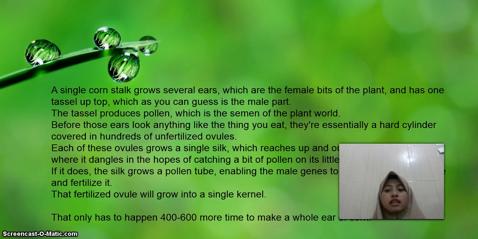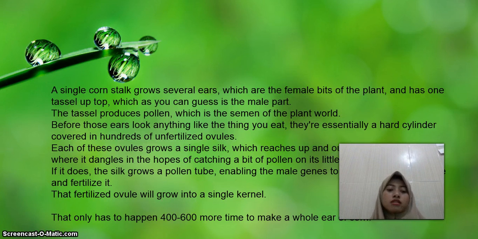They are essentially a hard cylinder covered in hundreds of unfertilized ovules. Each of these ovules grows a single silk, which reaches up and out of the top of the husk, where it dangles in the hopes of catching a bit of pollen on its little sticky hairs.